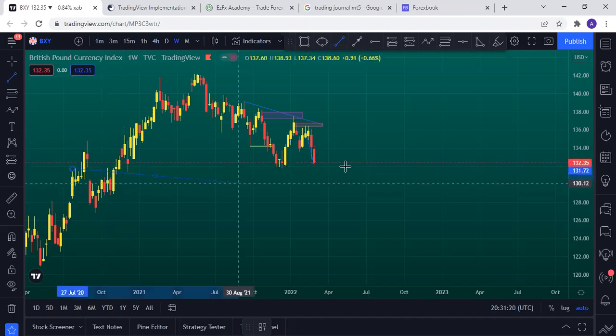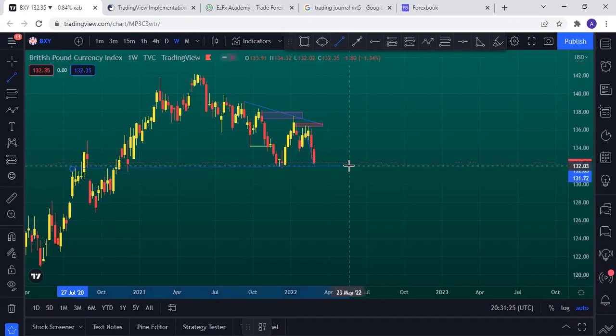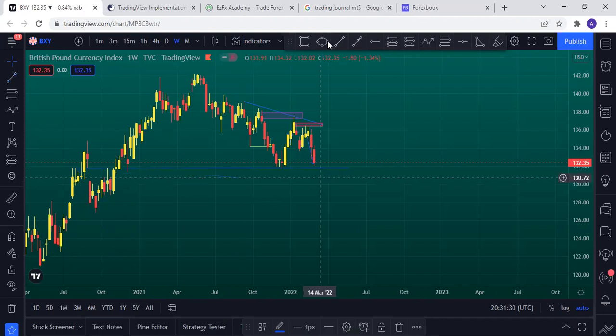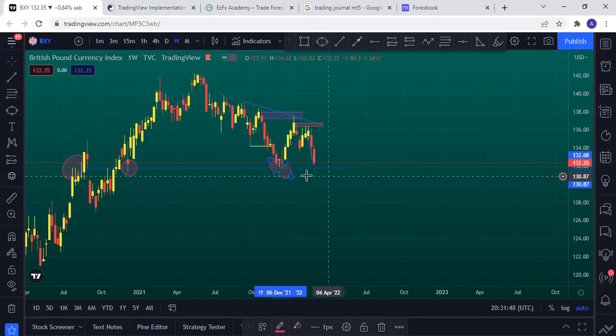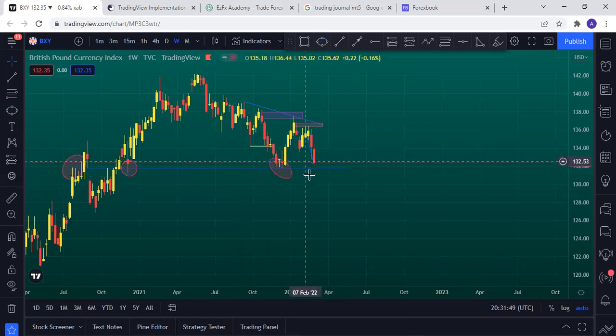We have this key level area here, which is simply based on all of this. So we're seeing price get to this point right now.